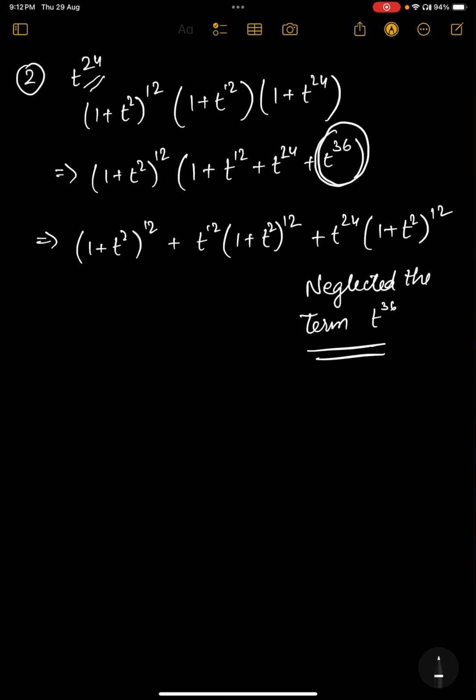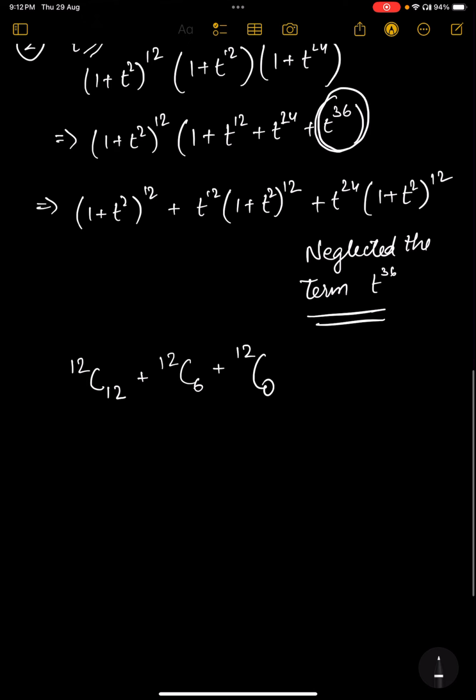Now, once we have this, we'll again study all possible situations, and this time it is very simple. So I'll directly write that the scenario will be 12C12 plus 12C6 plus 12C0. Okay, and this is nothing but the coefficient for t power 24 from each of the cases.